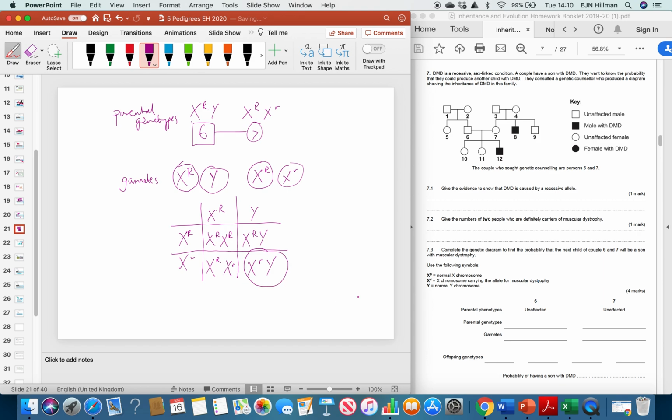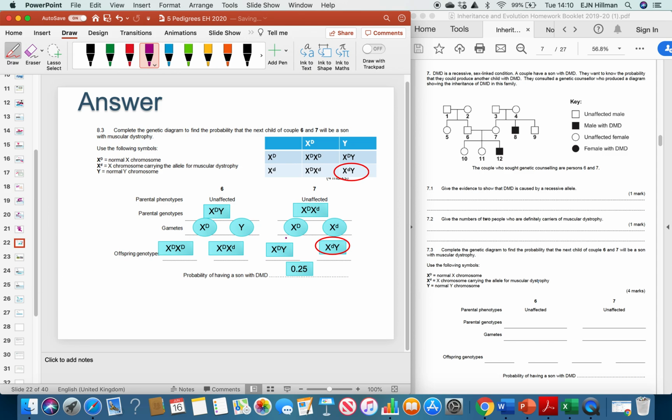Now, as this is a sex-linked condition, we don't need to multiply it by half because we've already got both parts of the phenotype there. So male with muscular dystrophy. So the probability would be 1/4 or 0.25. And there we go, all a bit neater.